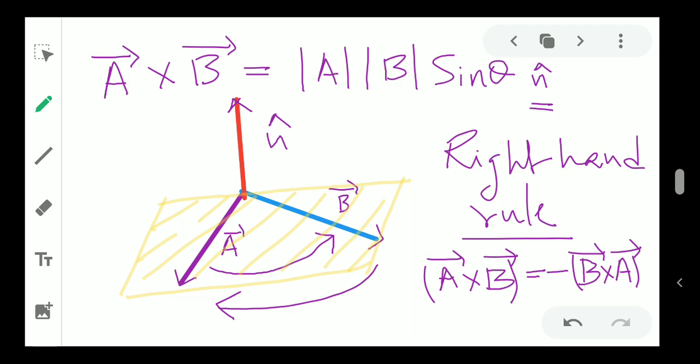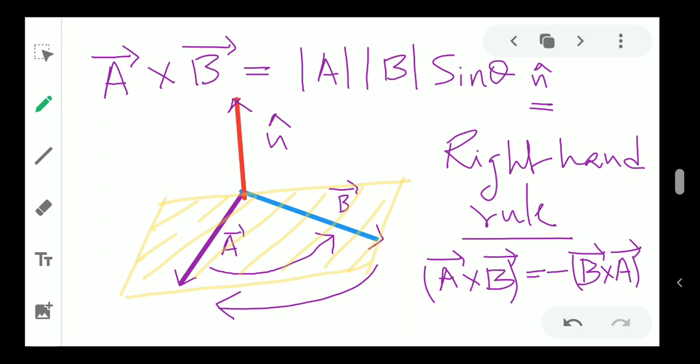So the cross product cannot be in two dimensions, okay? It has to include the third dimension also, because a and b can be in one plane, that is two dimensional, but the result of the cross product is always perpendicular to the plane.